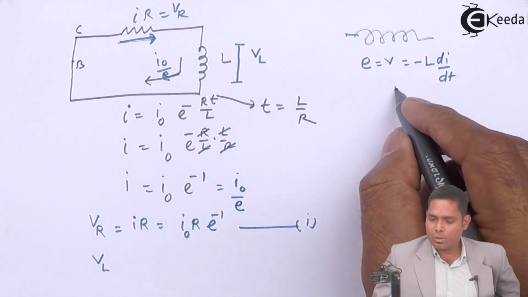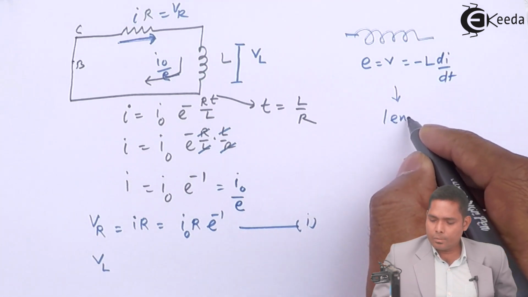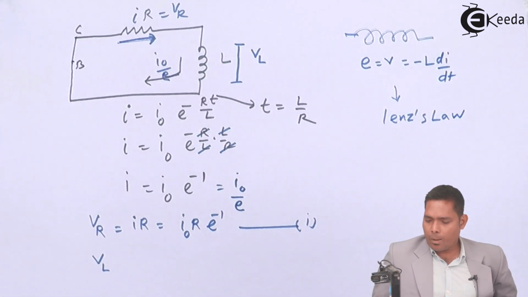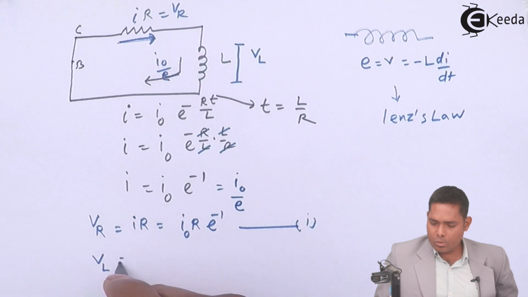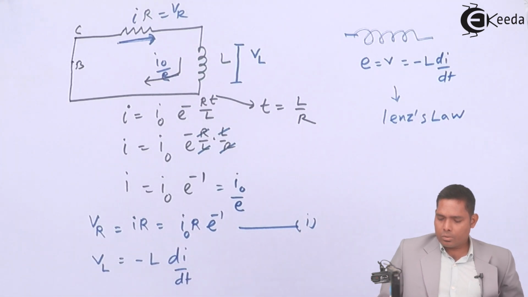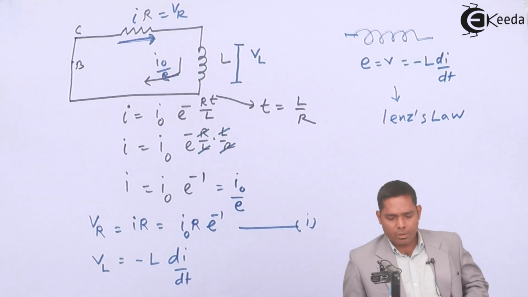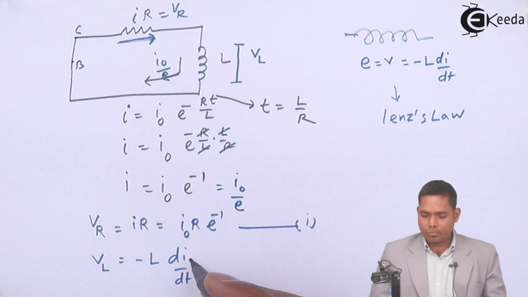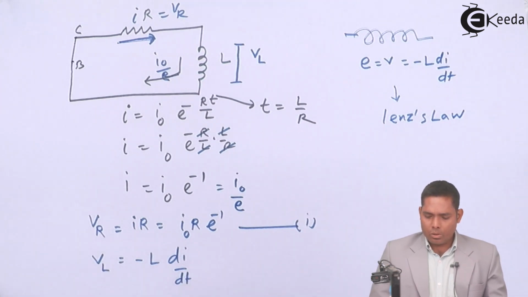This is from Lenz's law. So V across L equals minus L di over dt. So the voltage is determined because of the rate of change of current. This is not because of the current. If current is constant, then this is 0, the voltage drop will be 0.